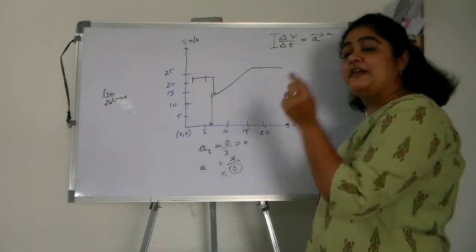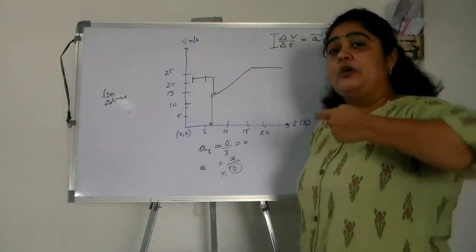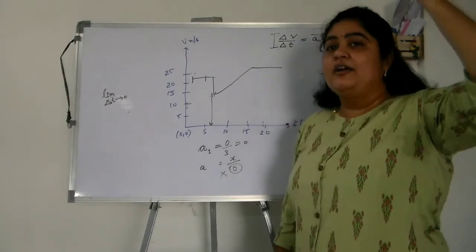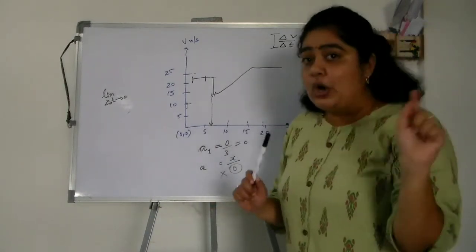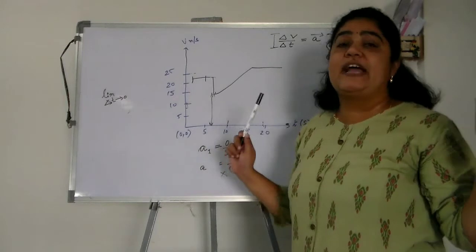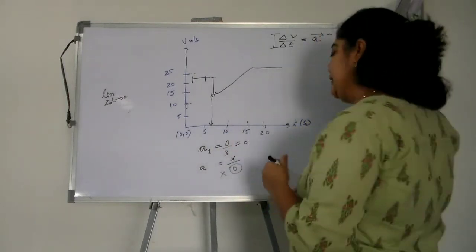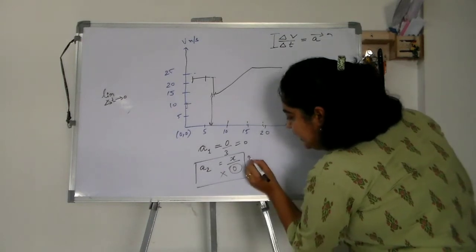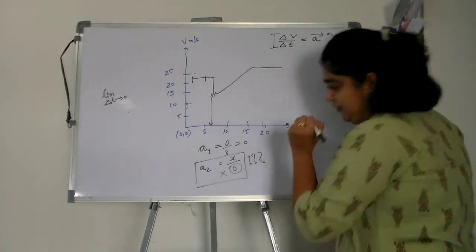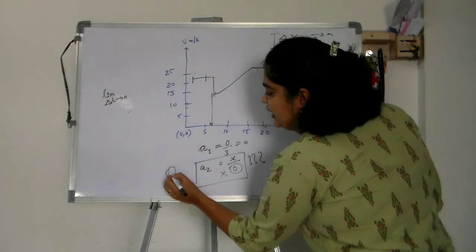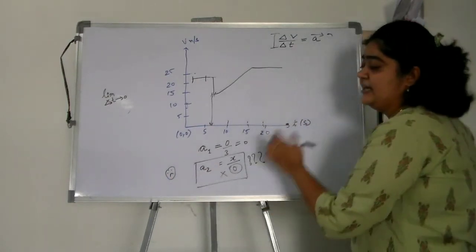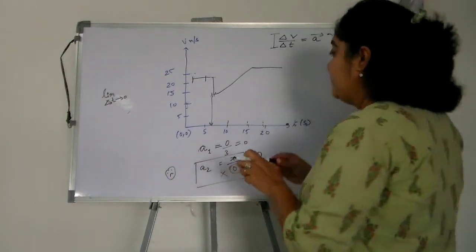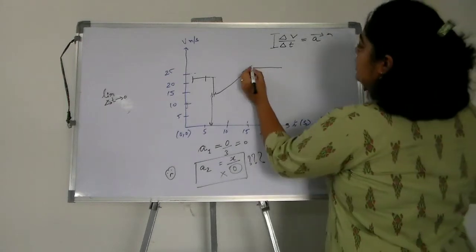Because if it is 0, your acceleration becomes infinite, and practically we do not have any such concept where the acceleration is infinite. So this A2 is something we will study after we complete this graph. I'll tell you why, but let us go back to this phase.